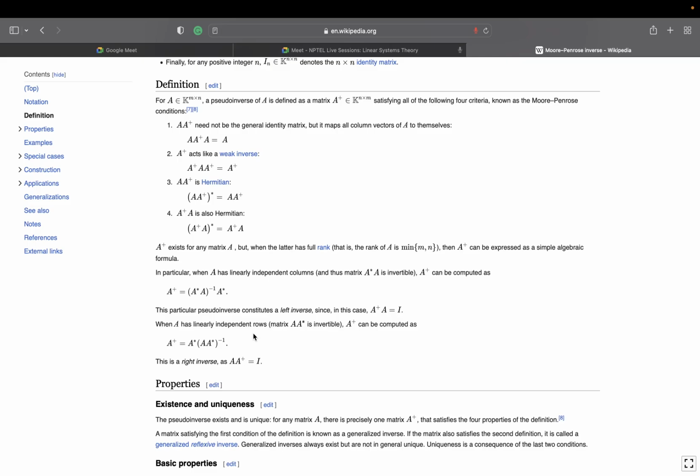You just substitute this. What do you get? V sigma U transpose U sigma V transpose. What is x naught transpose? V sigma U transpose. Correct. So what is this? Identity. V sigma square V transpose times V sigma U transpose. Correct. What is this equal to? Okay, there is an inverse here. You can take the inverse of this matrix. What is the inverse of that matrix? V sigma square inverse V transpose, because V and V transpose are orthogonal, you can take the inverse very easily here, right?